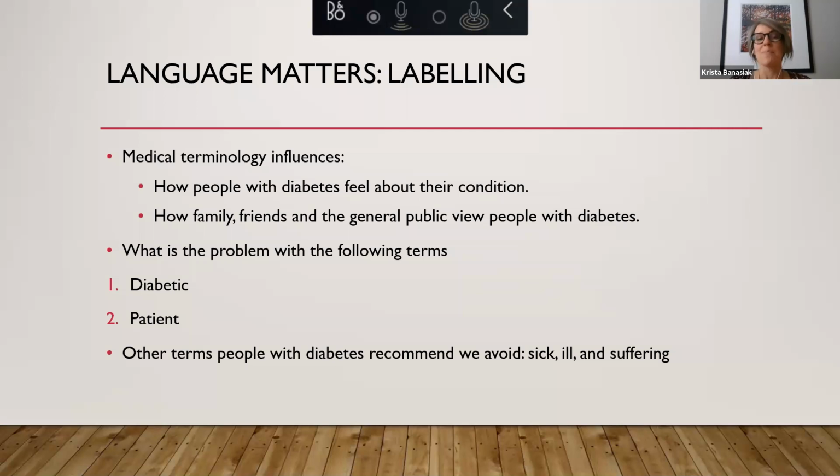And being a patient, for example, takes up a fraction of their time. They are people, they have other roles. And people are individuals with their own preferences, priorities, and lives beyond diabetes. Other terms that people living with diabetes have told us they're not huge fans of are sick, ill, or suffering.